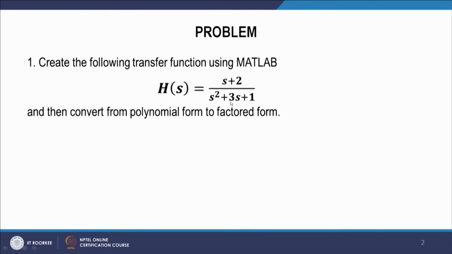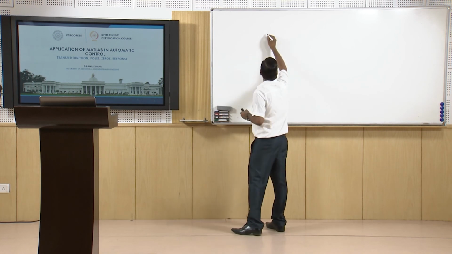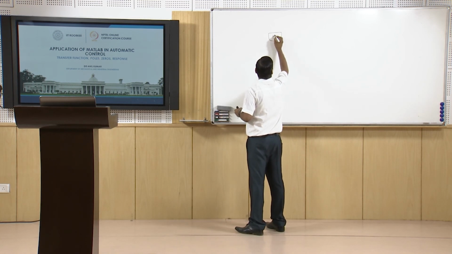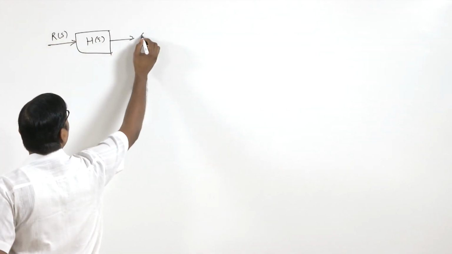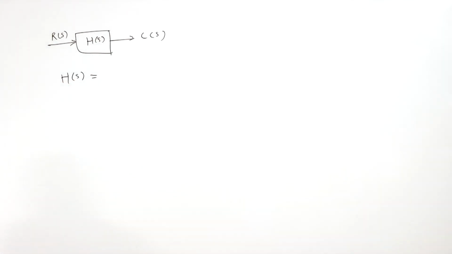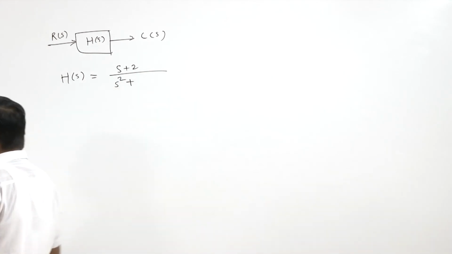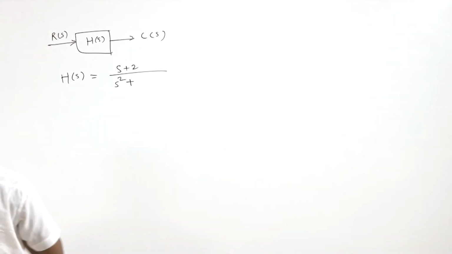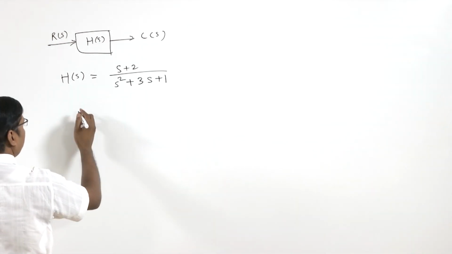Of course we can do this manually. We have H(s) as the system, with input and output. Here H(s) is given as s plus 2 upon s square plus 3s plus 1. We can factor this by finding the roots.